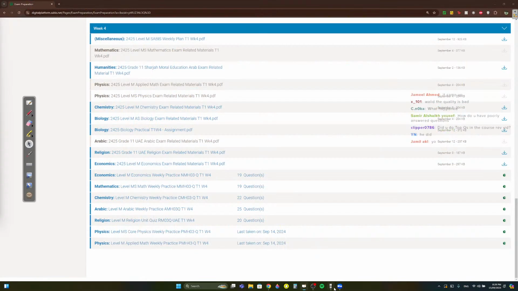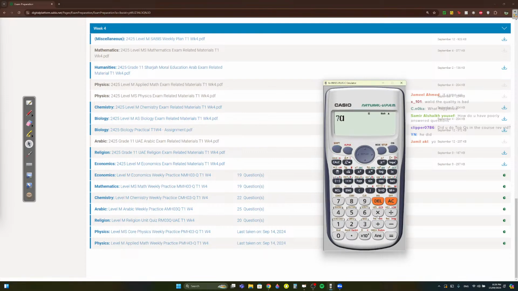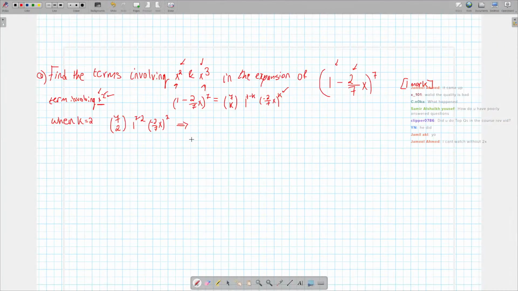Let's continue. 7C2, I'm going to do it on my calculator. Let me make sure the chat still shows. Yeah, okay. 7C2 is 21. So we replace 7C2 with 21. 1 to the power of 5 is just 1, times minus 2 over 7 x squared. Since it's an even power, it becomes positive, so it's 2 squared over 7 squared x squared, because you distribute the square into all terms.